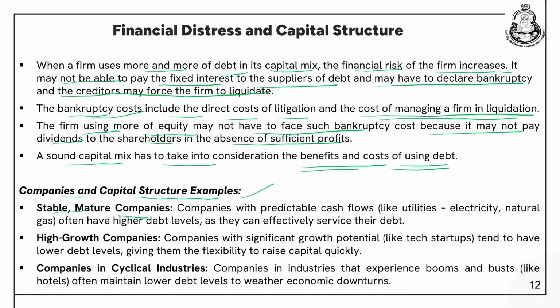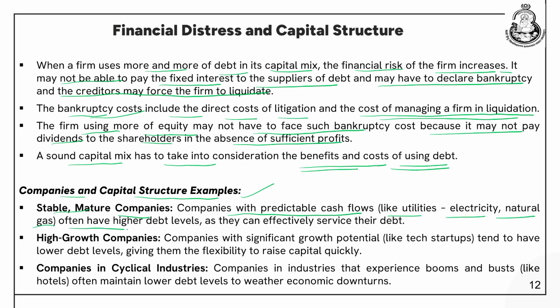Stable, mature companies, companies with predictable cash flows. What are predictable cash flows? Where you can, to an extent, with ease predict the cash inflows and cash outflows with more certainty, right, which are stable industries like utilities, electricity, natural gas.